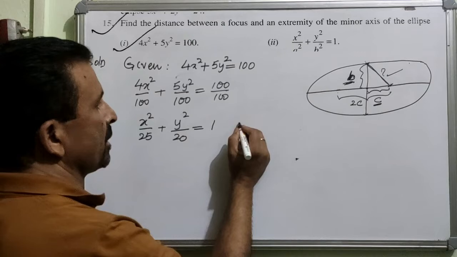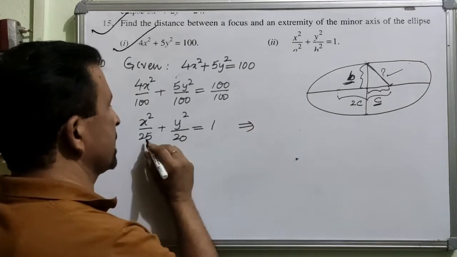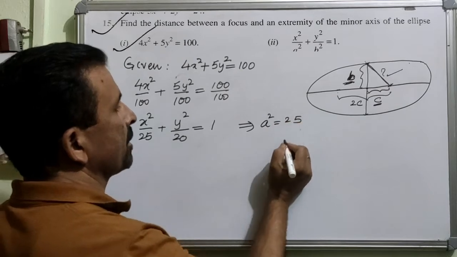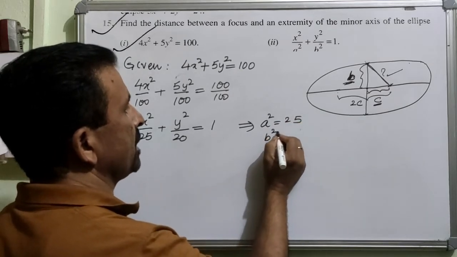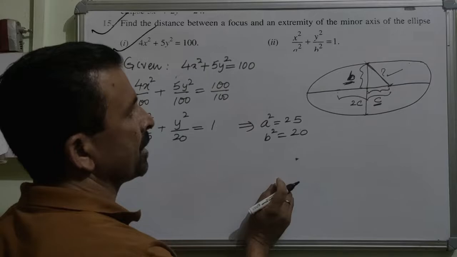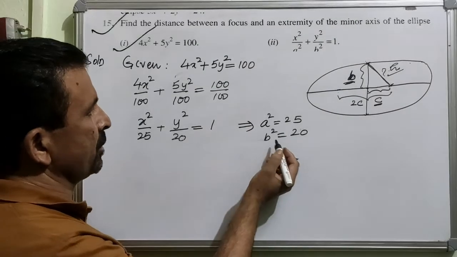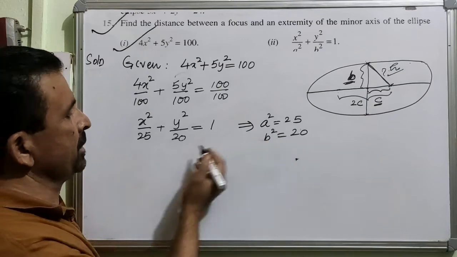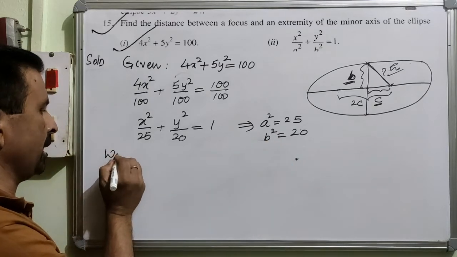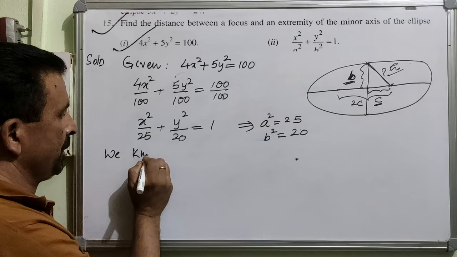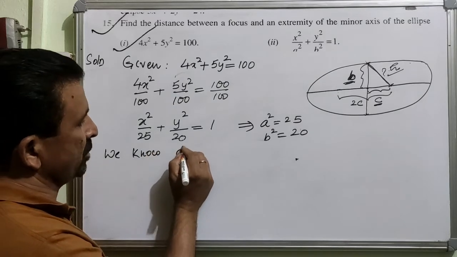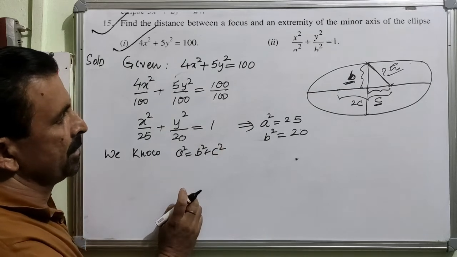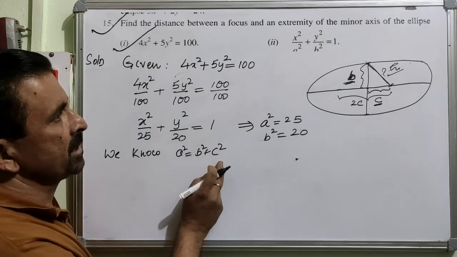As a result, from here we get the value of a square as equal to 25, and b square we got as 20. First of all, what we can do is, after this we have a and b, right? We will use the relation. We know that a square is equal to b square plus c square, right? a square is equal to b square plus c square.